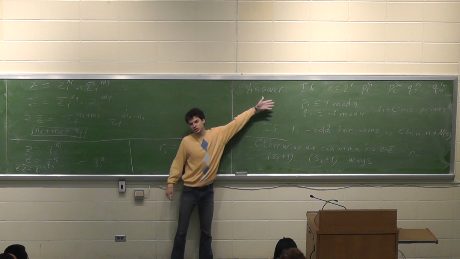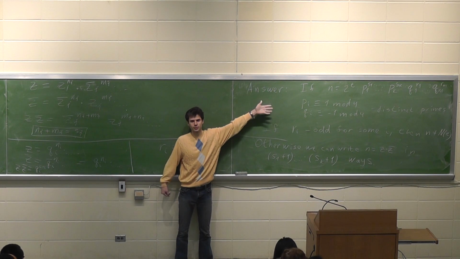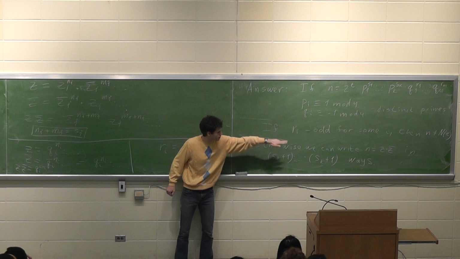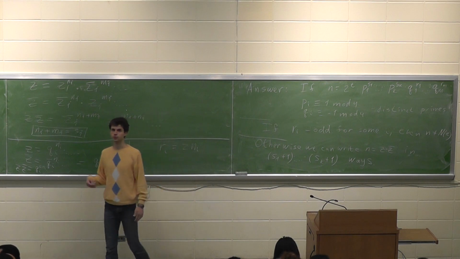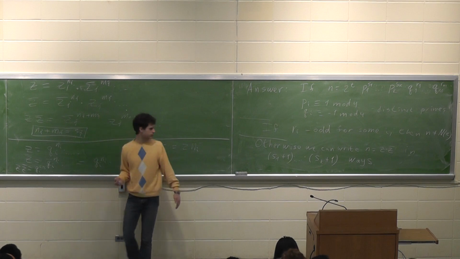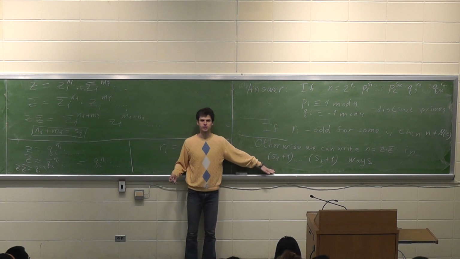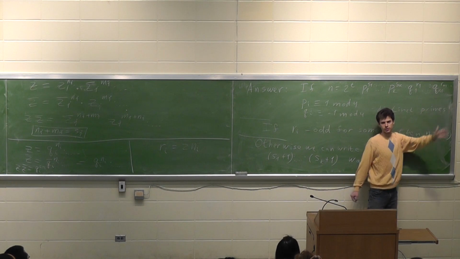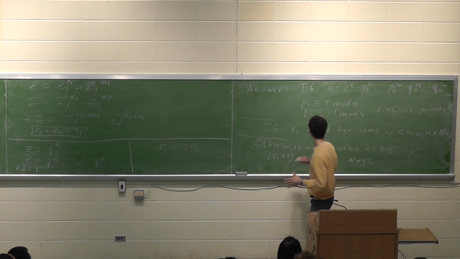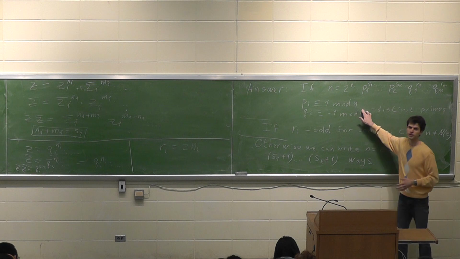So given an integer, we now know in how many ways you can write it as a norm of something, and how many ways you can write it as a sum of 2 squares. That's the answer. Factor it as a product of usual primes. Of those primes, distinguish those which are congruent to 1 modulo 4.